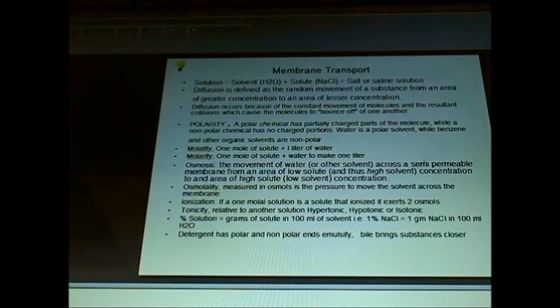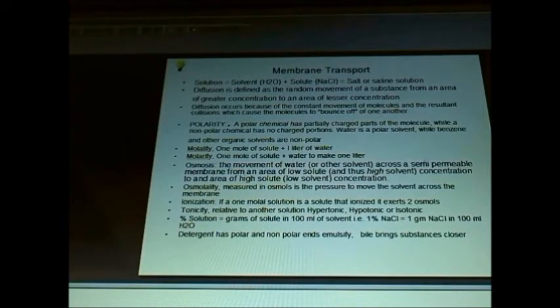Now, another thing you're certainly going to see in the medical field is a percent solution. That is simply defined as the number of grams of solute in 100 milliliters of water. So a 5% glucose solution is 5 grams of glucose dissolved in 100 milliliters of water.